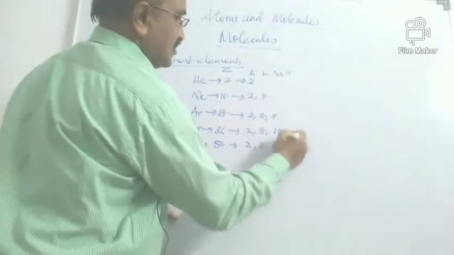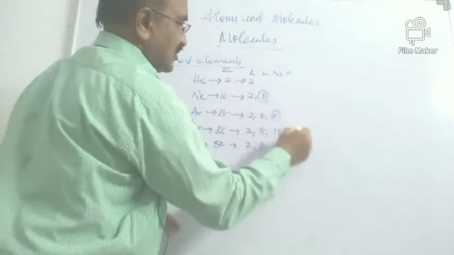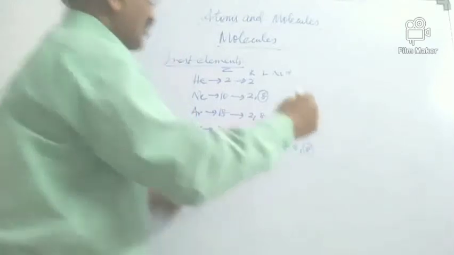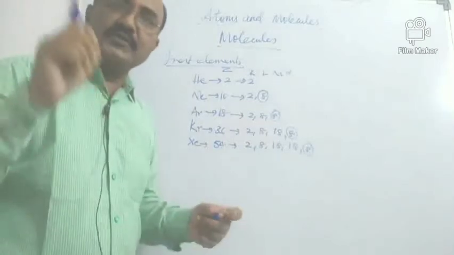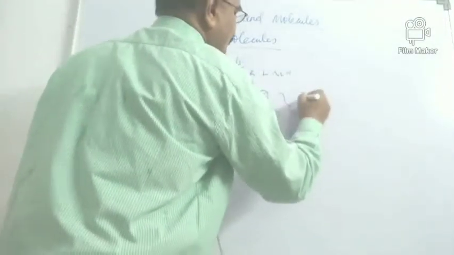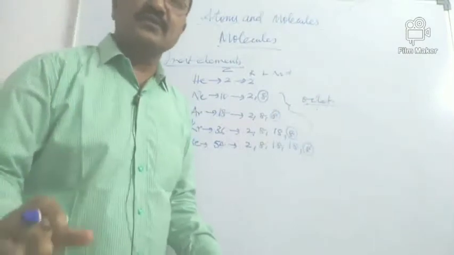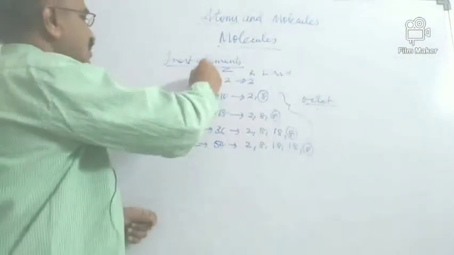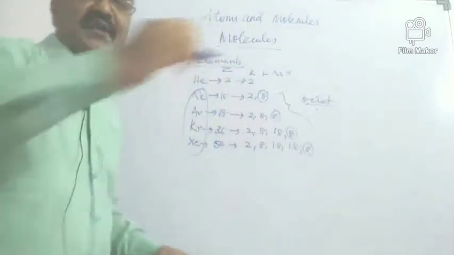So children, you observe something carefully here. You find that the last orbits of neon, argon, krypton, and xenon have a special electron configuration, which we have understood is called the octet configuration. This octet configuration is something special that makes the atoms of these elements remain unreactive or inert.